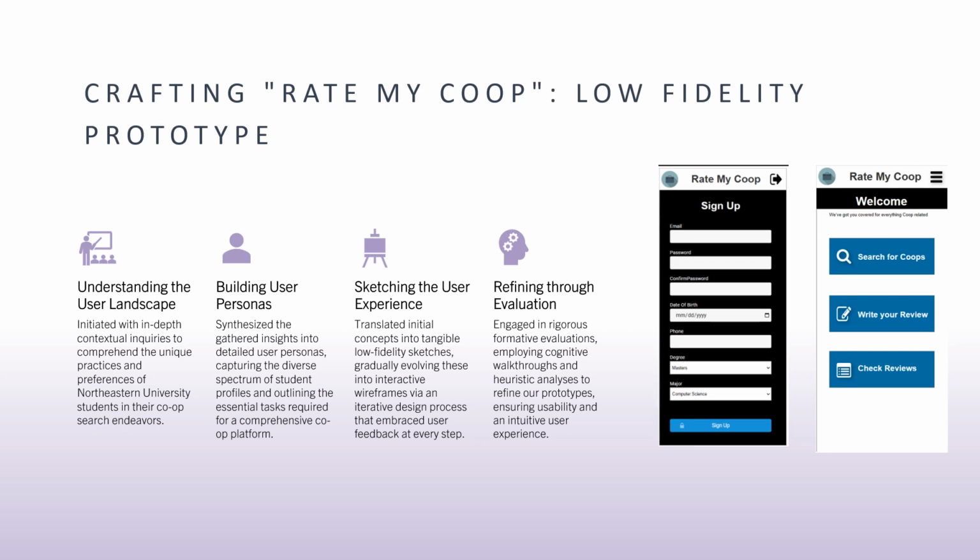Also, as you can see in the images, these are of the low fidelity prototype, from early sketches to more developed wireframes, emphasizing the iterative nature of the process. With our user-informed designs taking shape, let's see how these ideas were brought to life in our high-fidelity prototype.